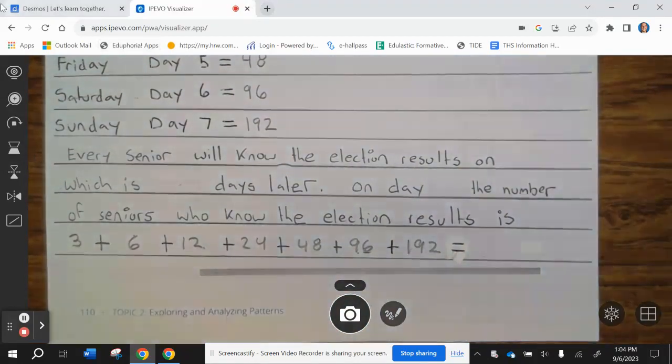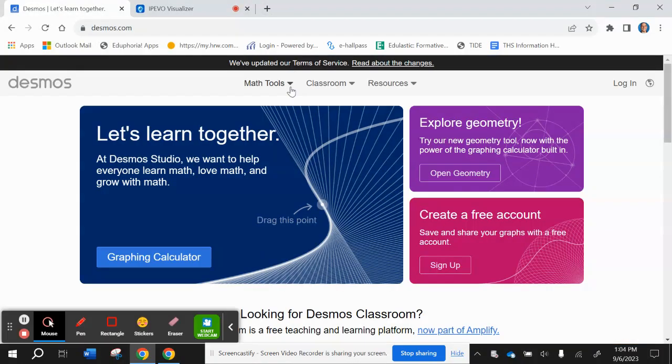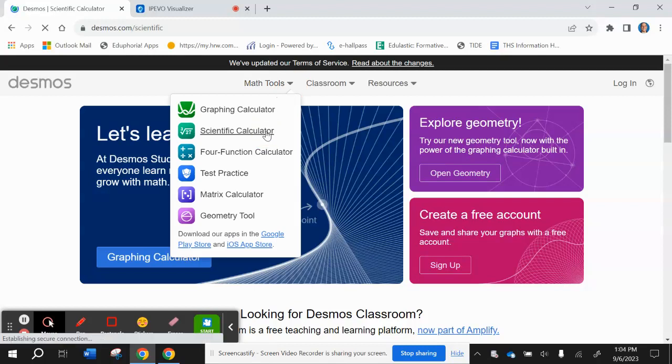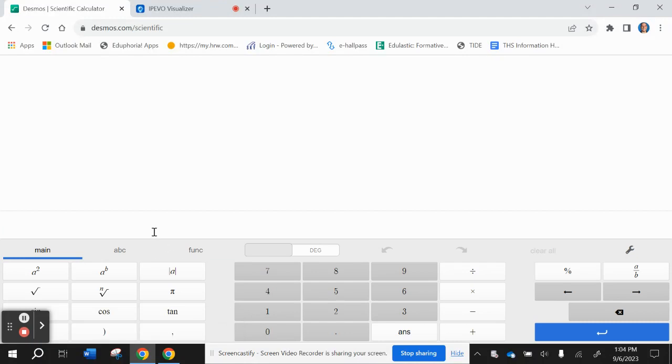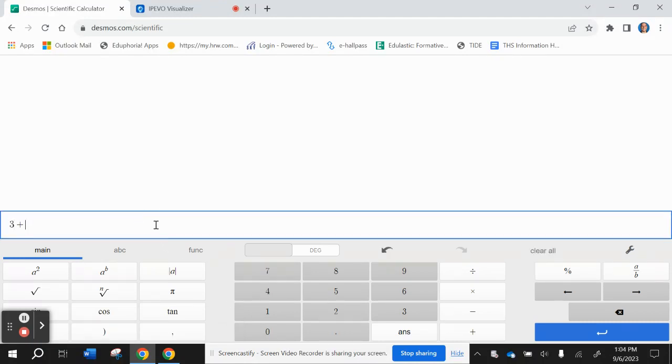And we can use Desmos to do that. So let's go to Desmos Scientific Calculator. So that's 3 plus 6 plus 12 plus 24 plus 48 plus 96 plus 192 is 381.